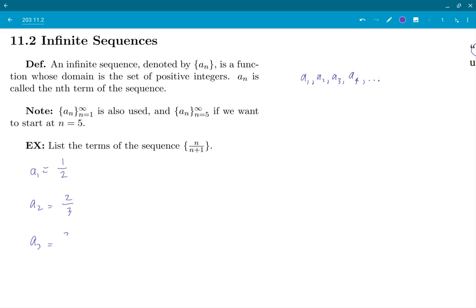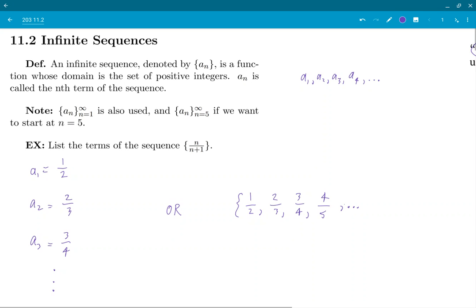A3 would be 3 over 4. And then put a dot, dot, dot. Or you could give this using the brace brackets. Half, 2/3, 3/4, maybe one more term if you feel like it, and then put a dot, dot, dot, once the pattern is clear.